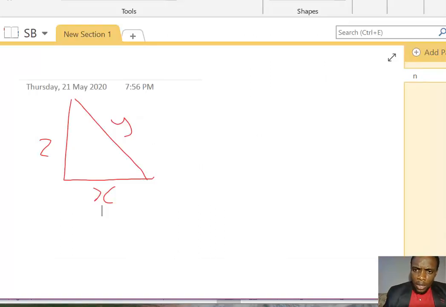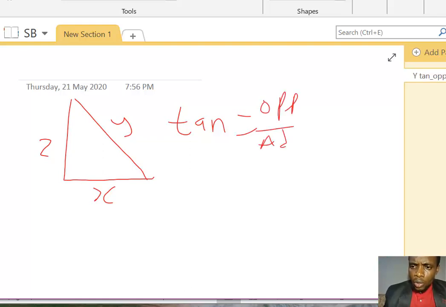What is tan theta? If you recall, we know that tan theta is opposite over adjacent. So what is opposite here?